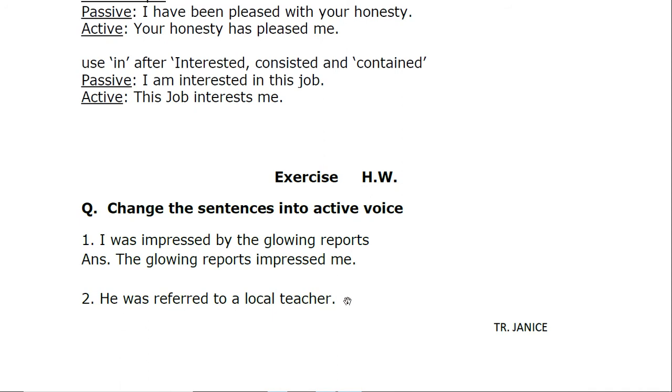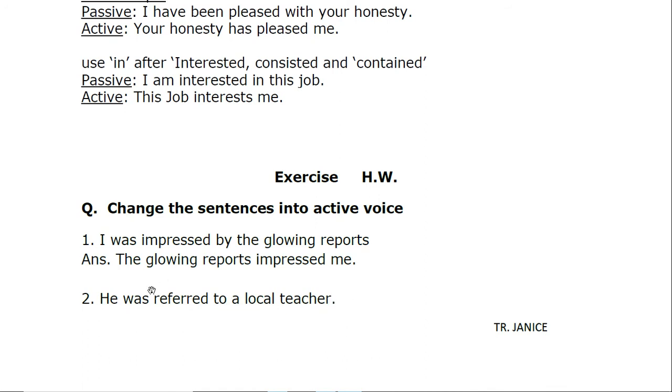Now, by whom? He was referred to a local teacher by whom? किसी ने बोला कि इस टीचर के पास जाओ. किसने बोला? किसी ने तो बोला. Someone. Yes, by someone. This is active voice. This is passive voice. By someone.